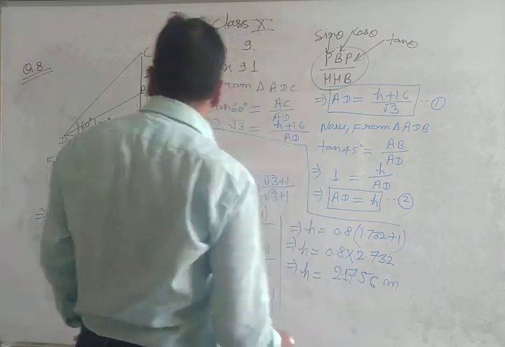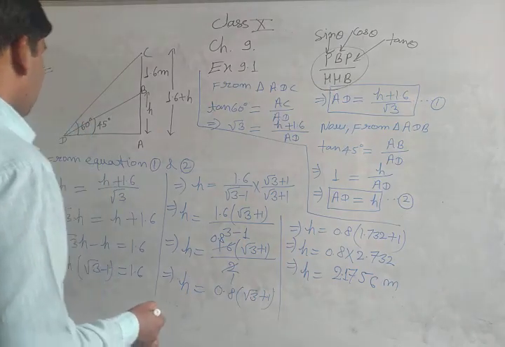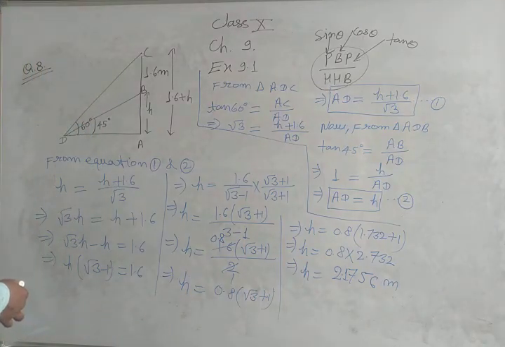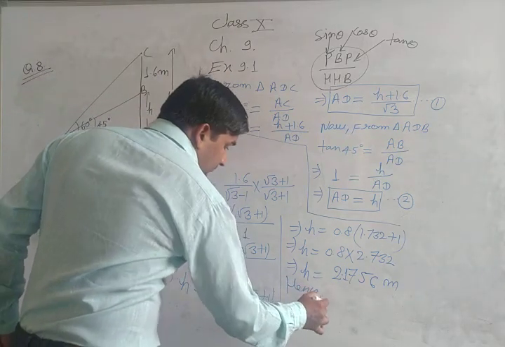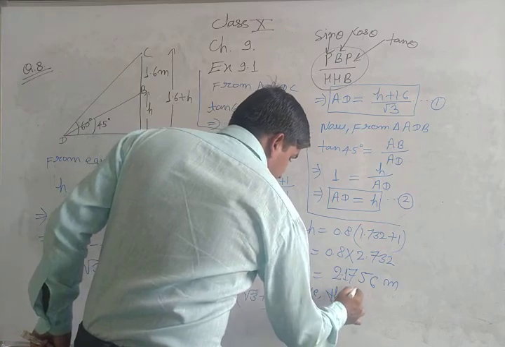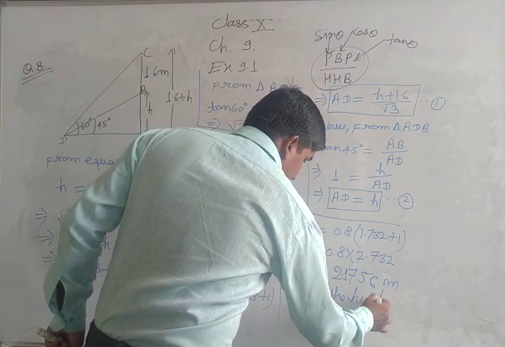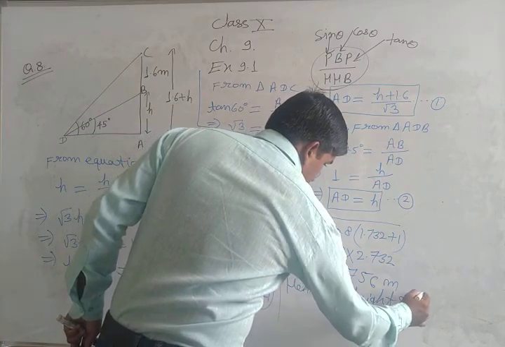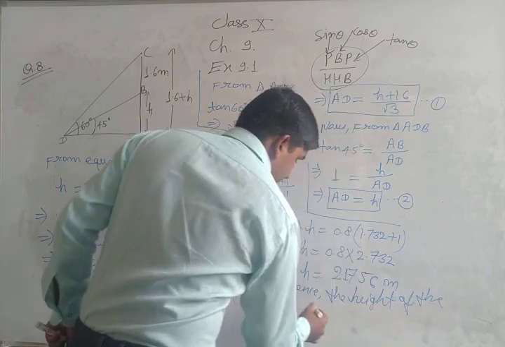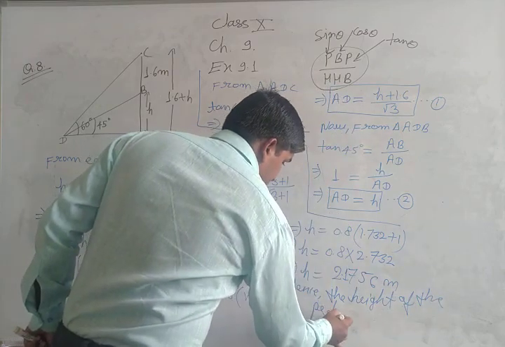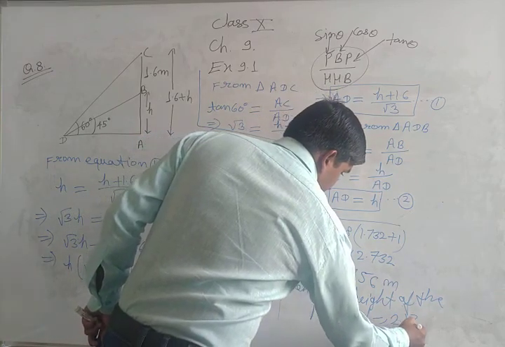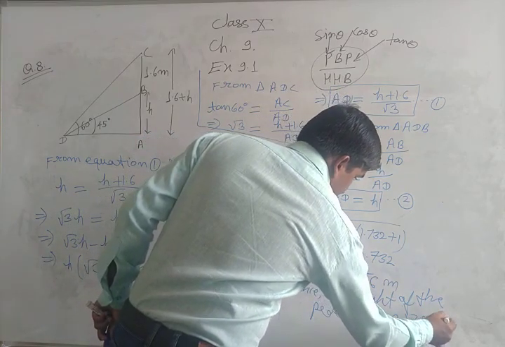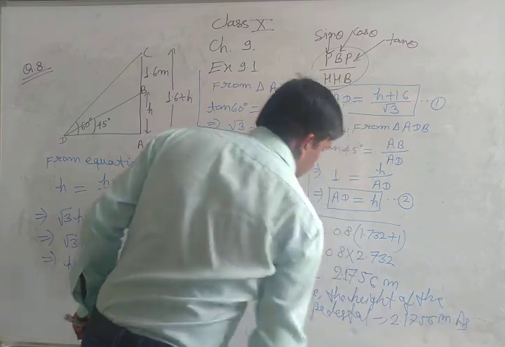Therefore, the height of the pedestal equals 2.1856 meter. Answer.